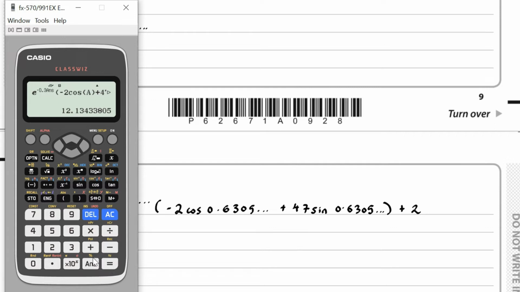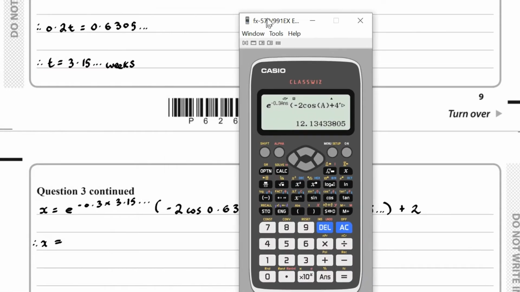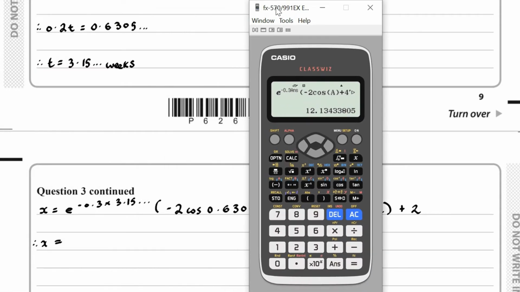So it turns out here we get 12.1 milligrams per milliliters, and this is to 3 significant figures.